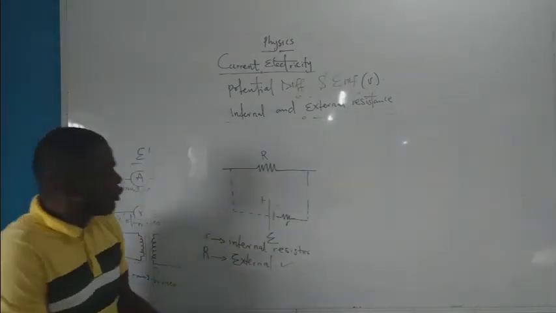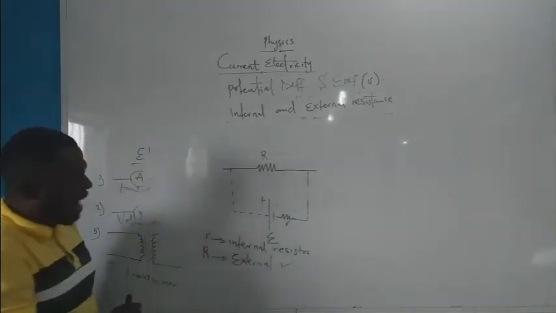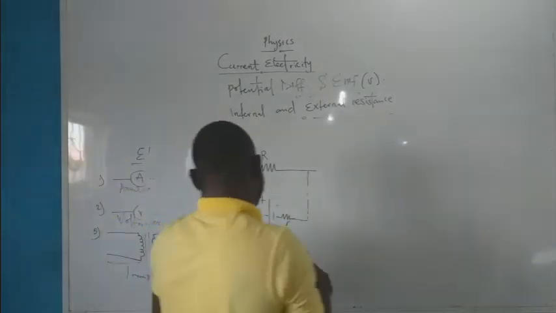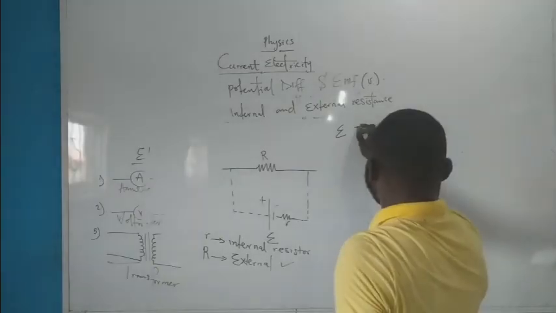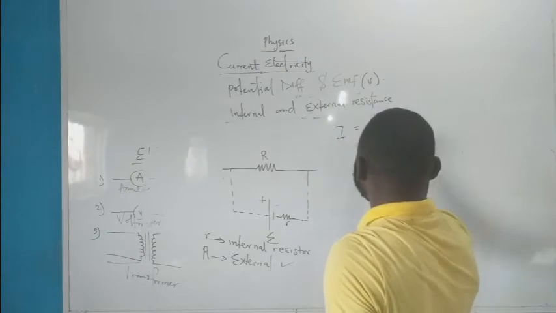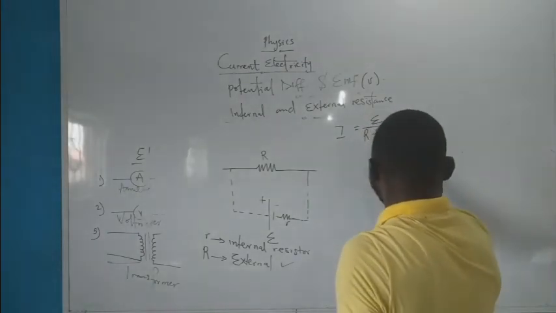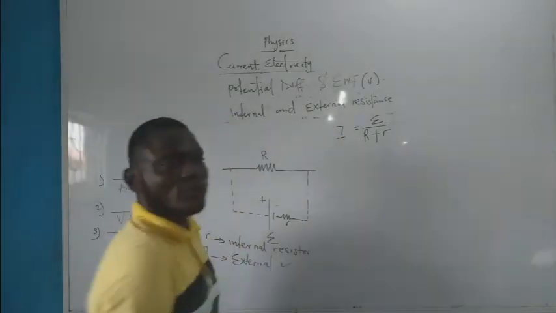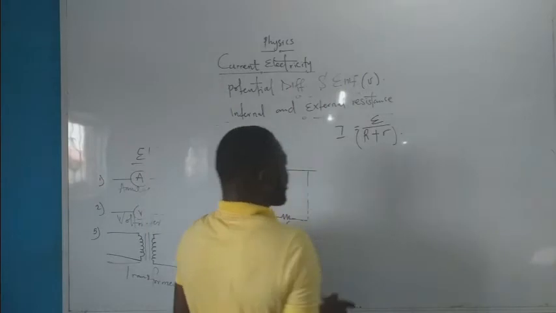Are we together? So the function of this now is to determine the maximum current that this will be giving out. The relationship between them is I equals EMF over R plus r.